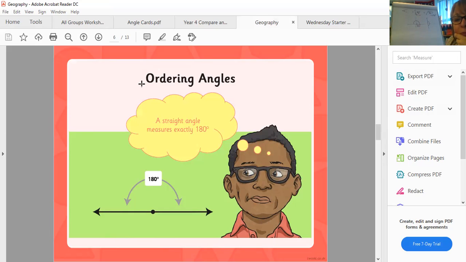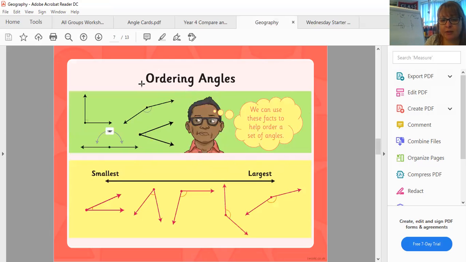Use your knowledge of doubles. That's right, it is two right angles if you look at it, and two lots of 90 make 180. Well done, those of you who got that right. So I'm going to use this knowledge today to help me order angles.